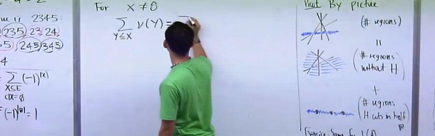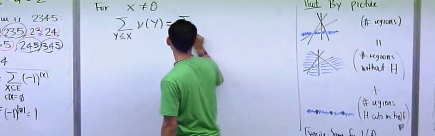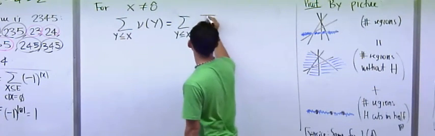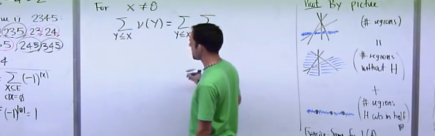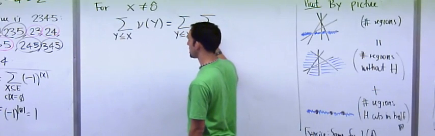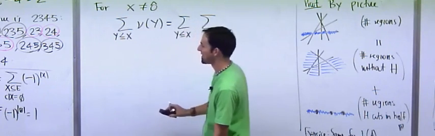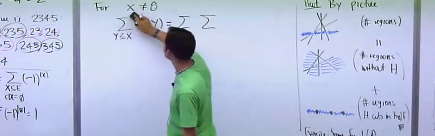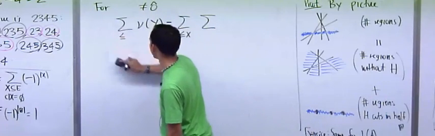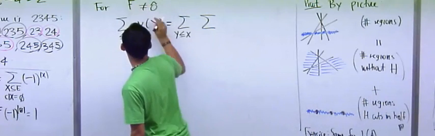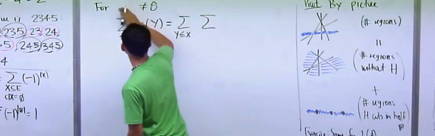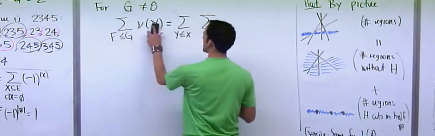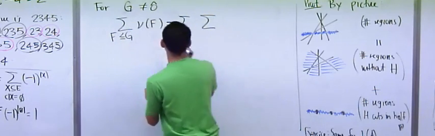This is summation for y less than or equal to x of nu of y, by definition, is summation over, I'm going to make the notation a little bit better. So let me call this guy f and this guy g. And so I'm adding over the things below it, nu of f.